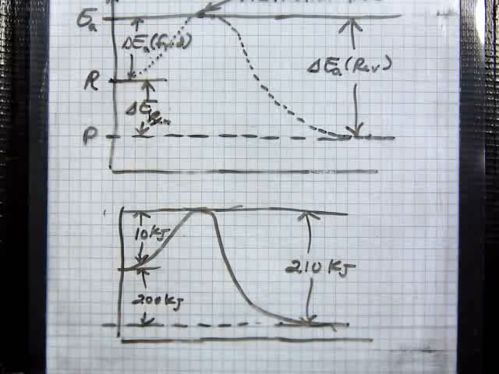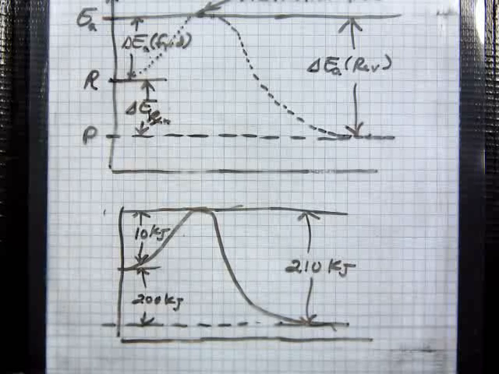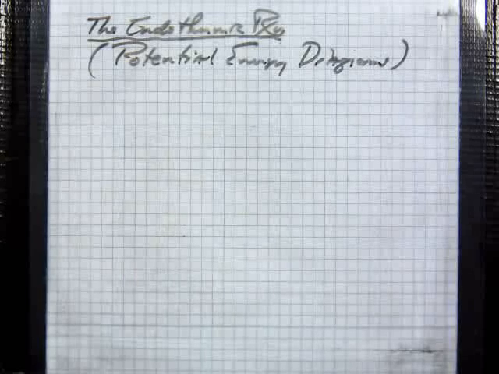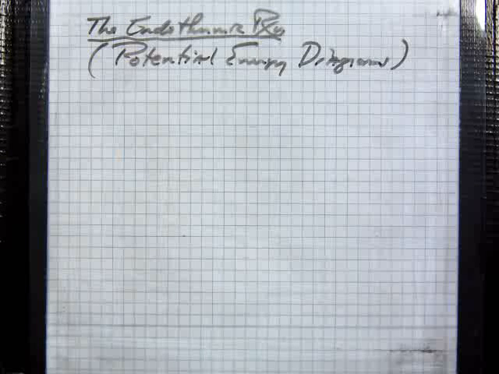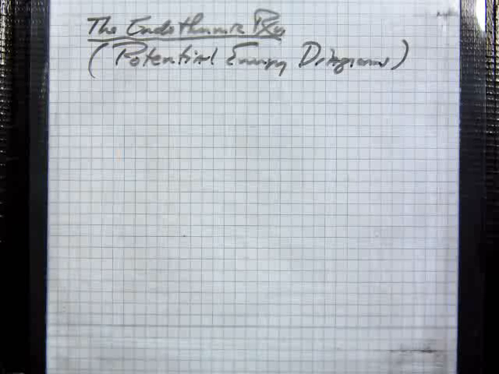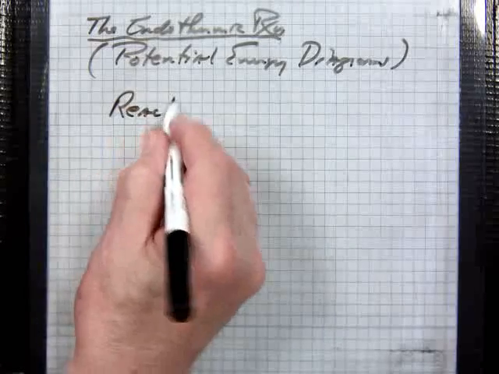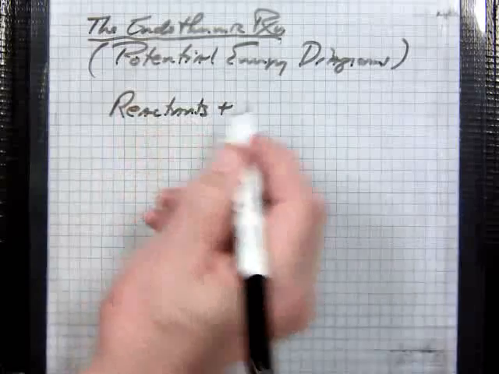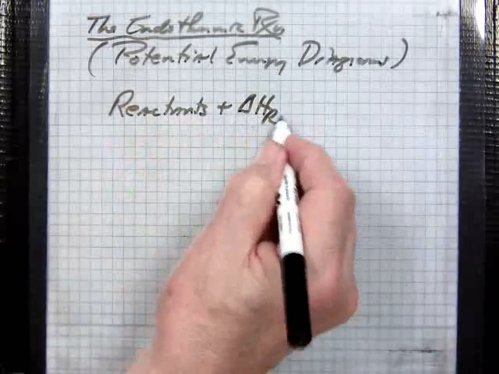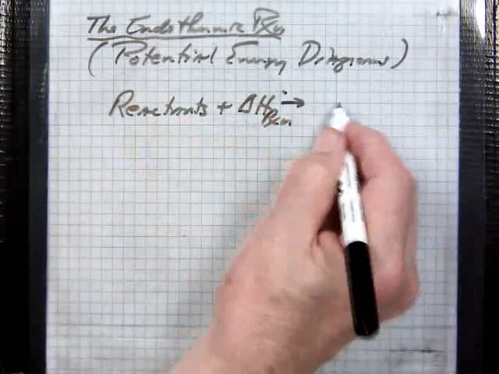Well, the next problem in there is an endothermic reaction. Now, when writing an endothermic reaction, it's just the reverse opposite of an exothermic. You put the energy number on the reactant side. So you have reactants plus the heat of reaction goes to products.